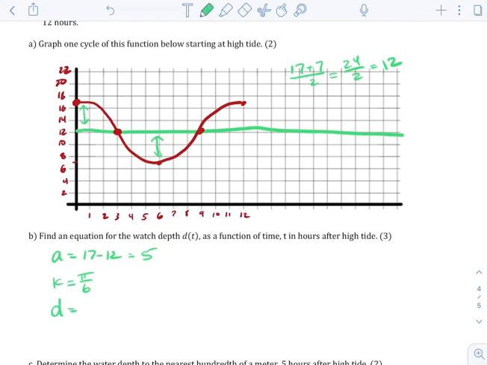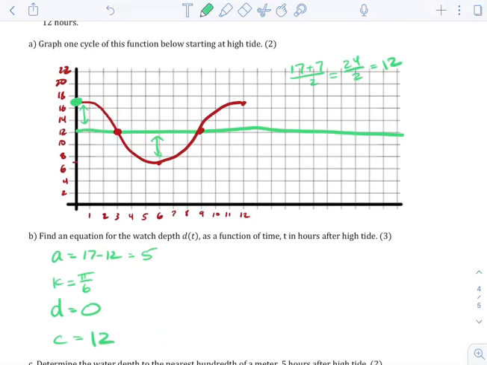My d value, well, I can see that my graph has not been translated left or right. It's starting at its maximum right here. So d is 0. And my c value is that equation of the axis. You can do max plus min divided by 2. I know it's at 12. But if I did max plus min, that's what we showed up at the top. 17 plus 7 divided by 2 is 12.